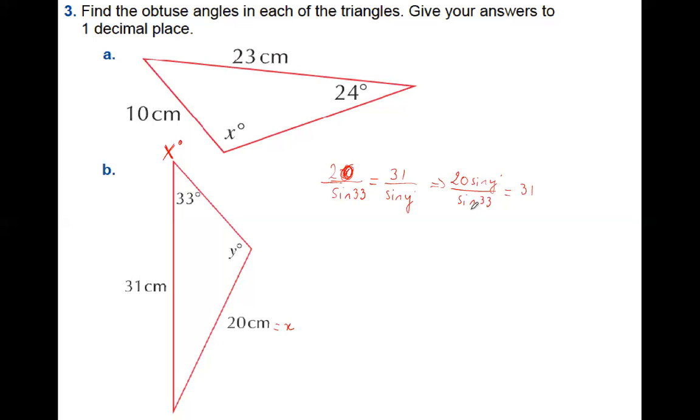Then we're going to times by sine 33 both sides. 20 sine y is equal to 31 sine 33. Then we're going to divide by 20 both sides, and we've got sine y equals 31 sine 33 over 20. And you get 0.844.